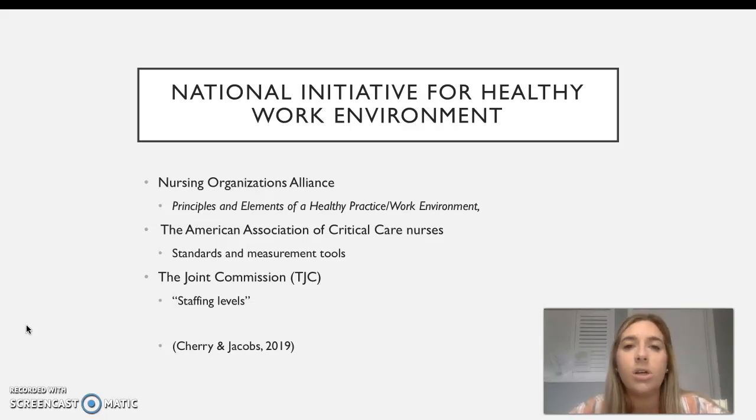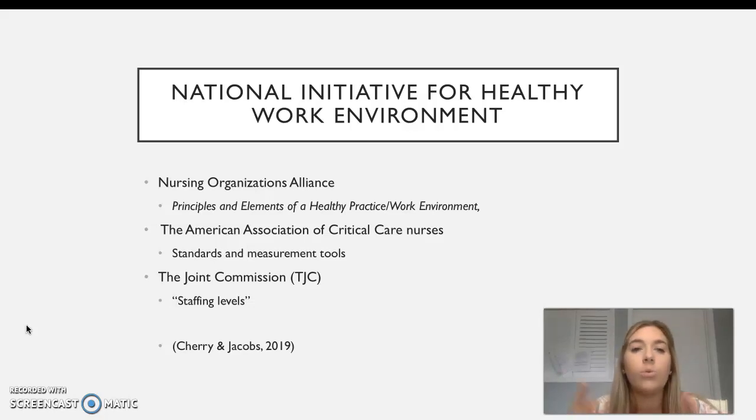There's also the American Association for Critical Care Nurses, which promotes a healthy work environment as one of their 3 major advocacy issues, and it has developed standards along with measurement tools, kind of like the REAL indicator tool I just mentioned. The Joint Commission also noted more than a decade ago that if the staffing levels and work environments are not safe for the nurses, they will not be safe for the patients.